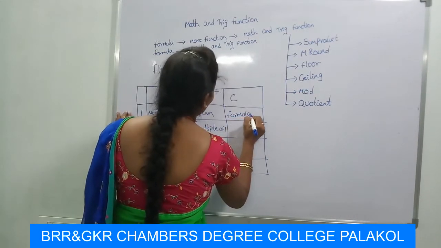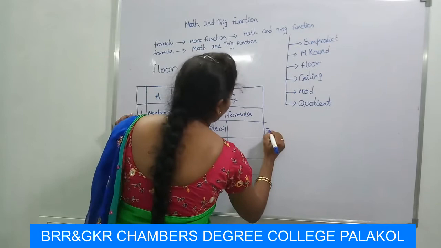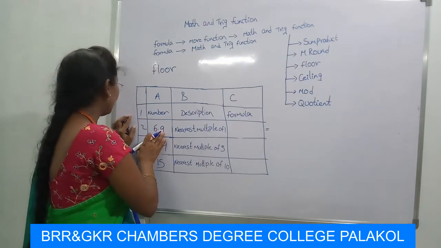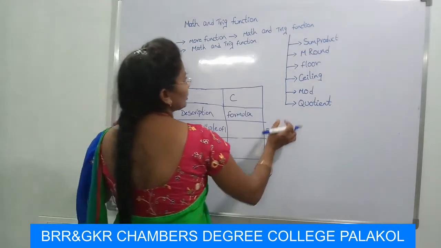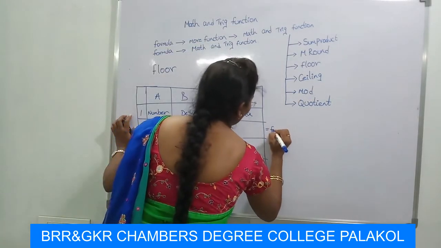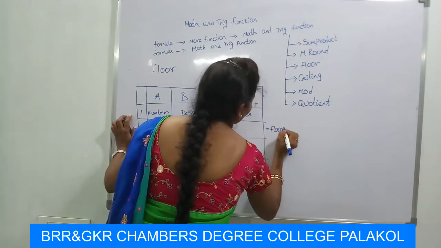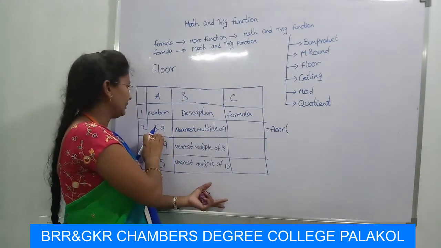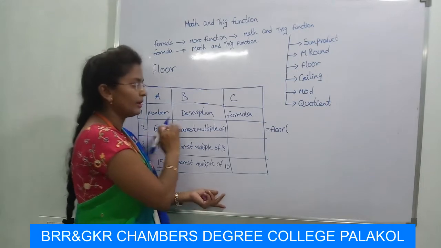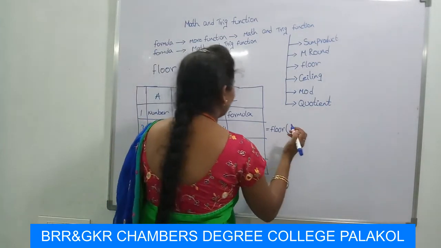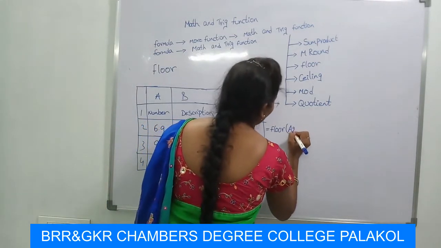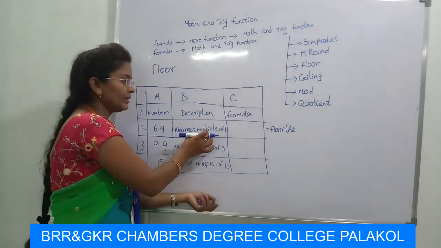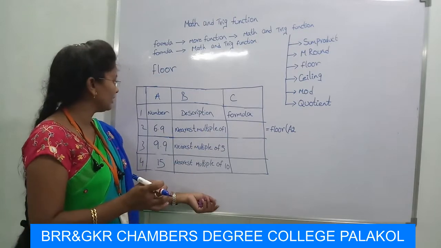Equal to symbol, and for writing the formula, the function name is FLOOR, and bracket open, and then enter the cell number. The cell number is A2, and the nearest multiple of this 6.9 is 1.